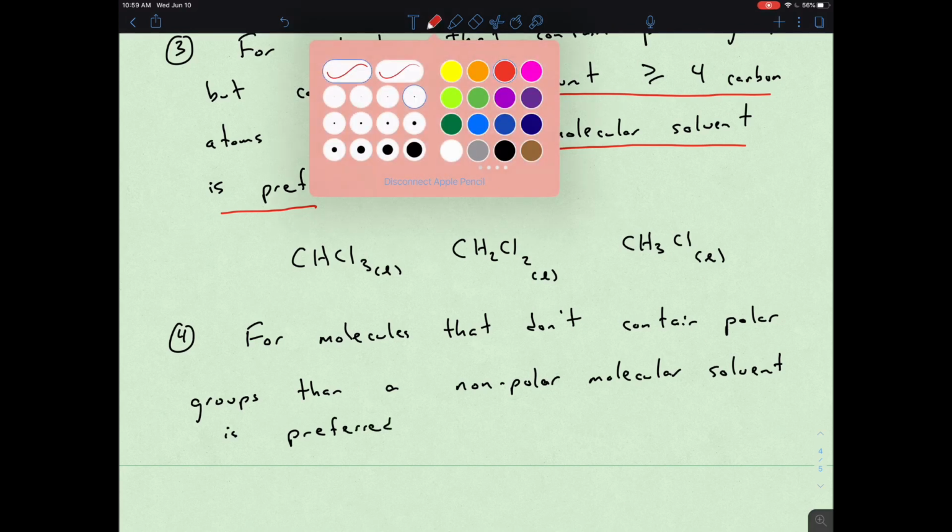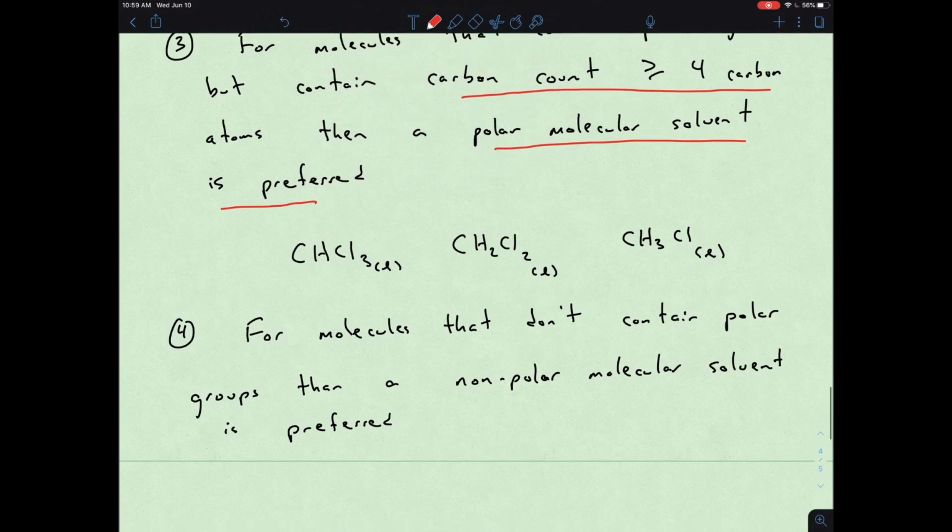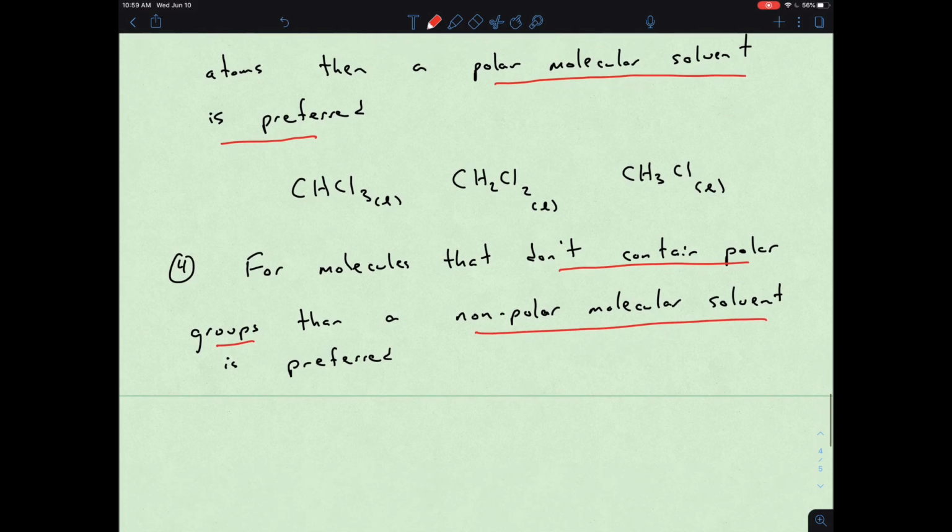And so that's just the matching of forces of attraction. So if you don't contain any polar groups, now a nonpolar molecular solvent is the preferred choice.